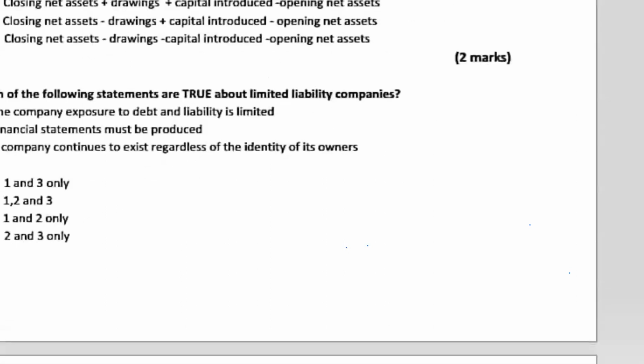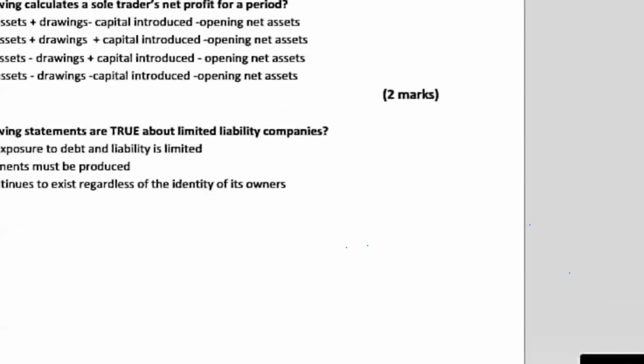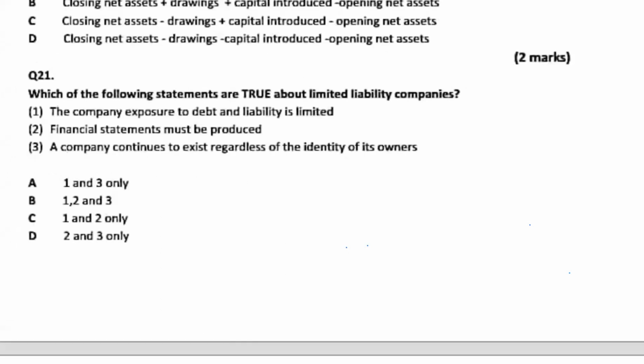On the financial statements, if you form a public limited company, you actually have to produce the financial statements. It's a requirement by the law. A publicly limited company, right?